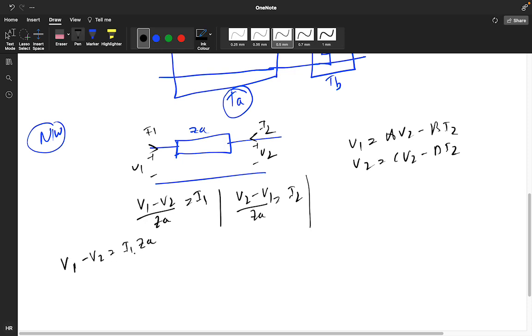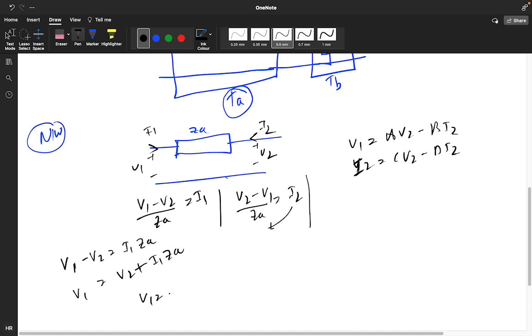So V1 is equal to V2 plus I1 ZA. You have V2, but you need I2. How will you get this I2? From the other equation, the second equation.